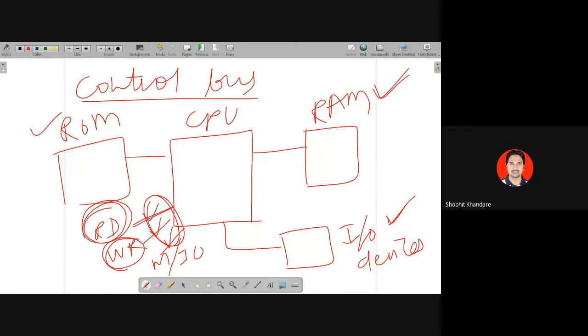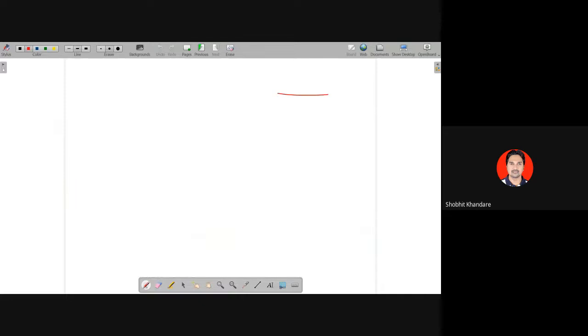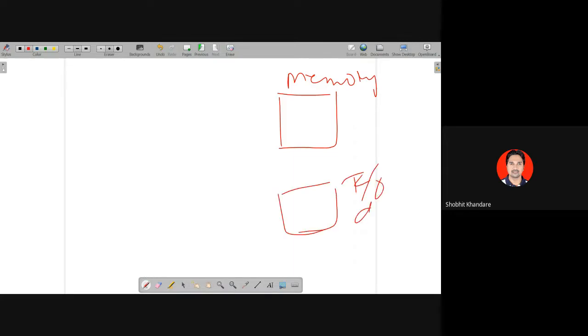And whenever you want to access memory or IO, then in that case M/IO will be active. Okay, let me explain this separately. Suppose this is memory, this is your IO device, and this is your CPU.